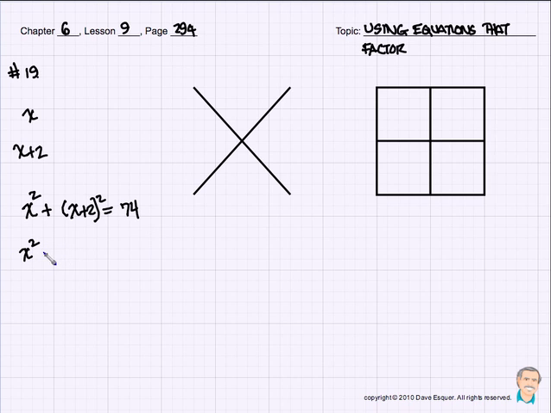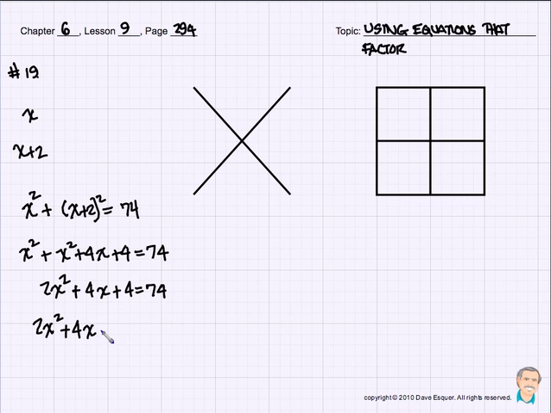Okay, well then let's do some multiplication. X squared plus, and let's FOIL this, x plus 2. That comes out to x squared plus 4x plus 4 has to be equal to 74. Combining like terms on the left side, we have 2x squared plus 4x plus 4 is equal to 74. If we subtract 74 from both sides, we end up with 2x squared plus 4x plus 4 minus 74 is equal to 0.